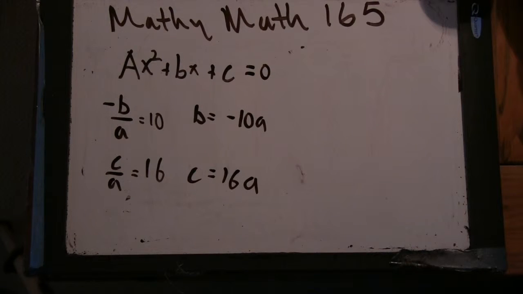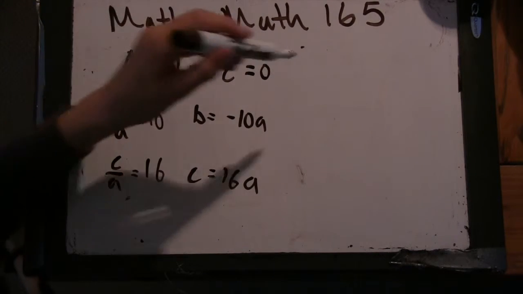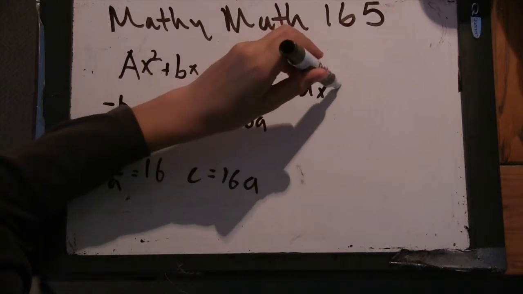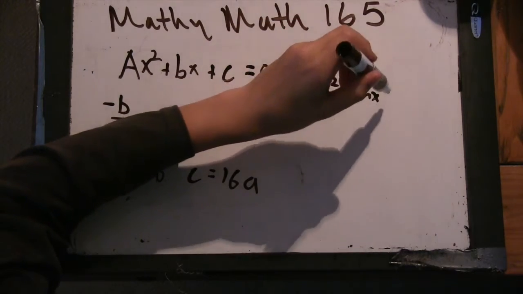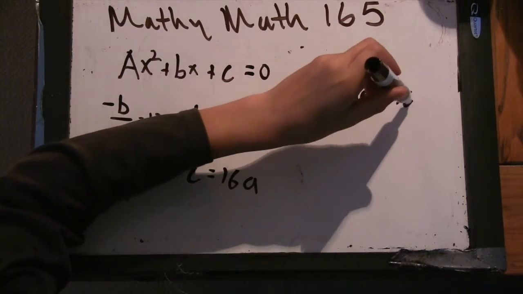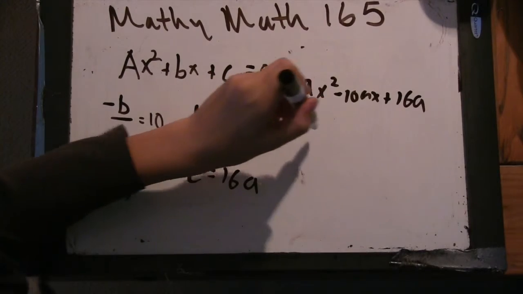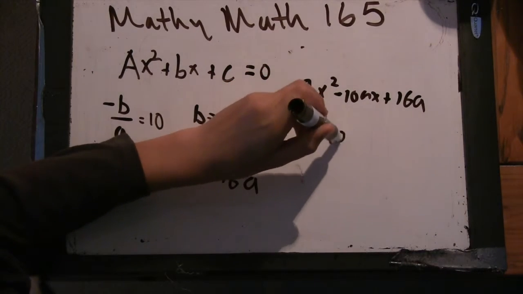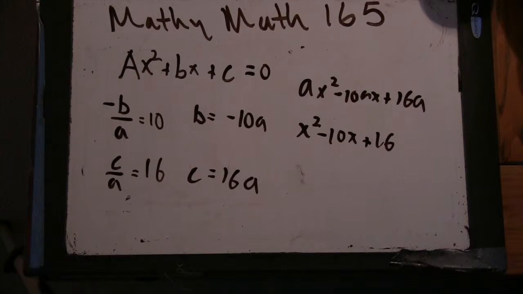I guess what we could do now is substitute some stuff in, and then divide by a. So now we have a simpler form of our quadratic.